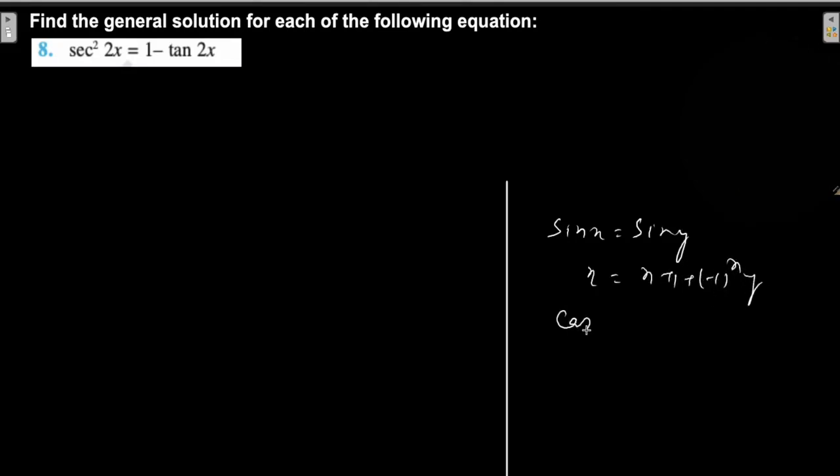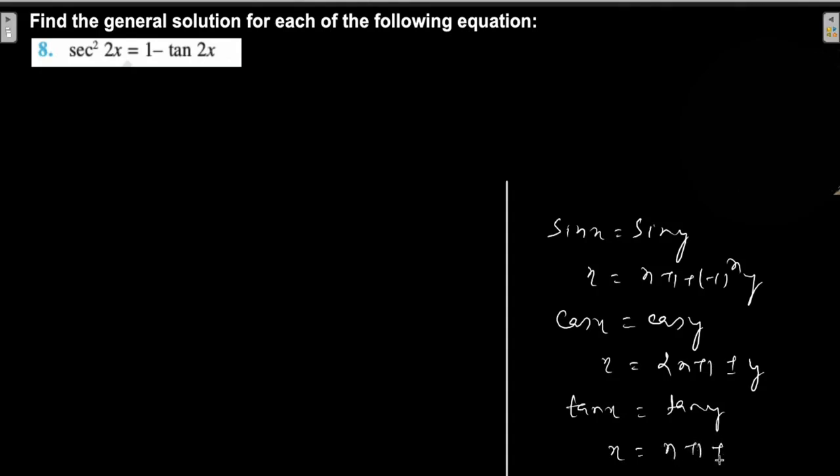When it is cos x equals cos y, then it becomes x equals 2n pi plus minus y, and when it is tan x equals tan y, then my general solution becomes x equals n pi plus y. Alright, so this is my first, this is my second theorem, and this is my third theorem.